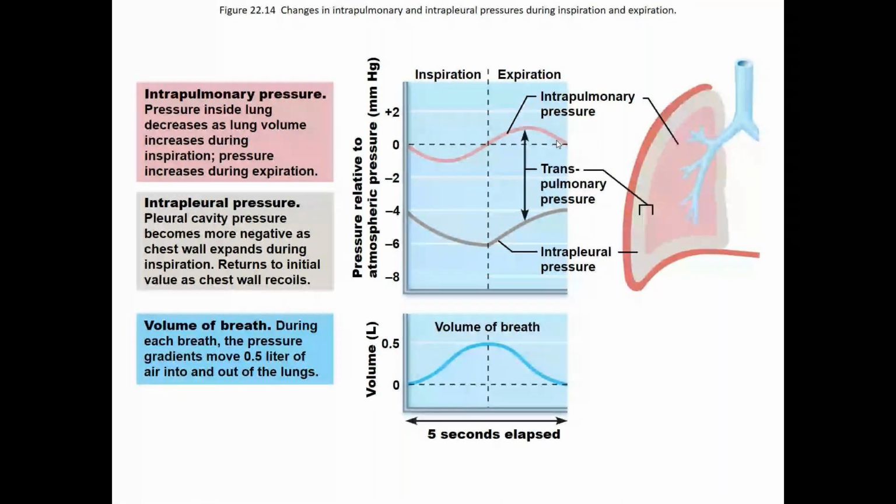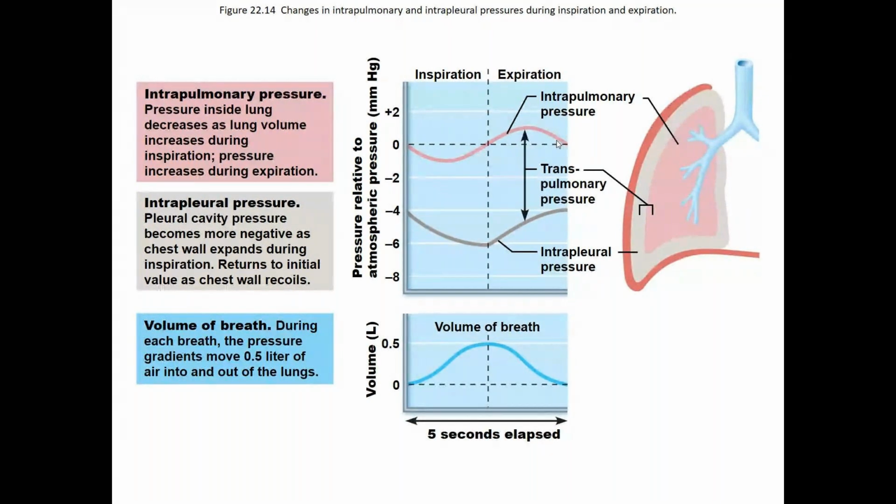While this is happening, that intrapleural pressure, the pressure that is holding the lung open against that elastic stroma, is always going to be less than that intrapulmonary pressure, okay?